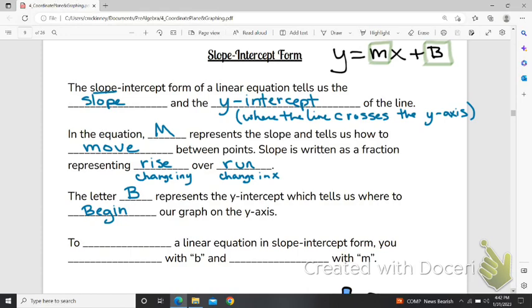So if I want to graph a linear equation, you begin with B and move with M. To help you remember, begin with B. The B is the one at the end. That is where we begin, and we move to a second point with the M.